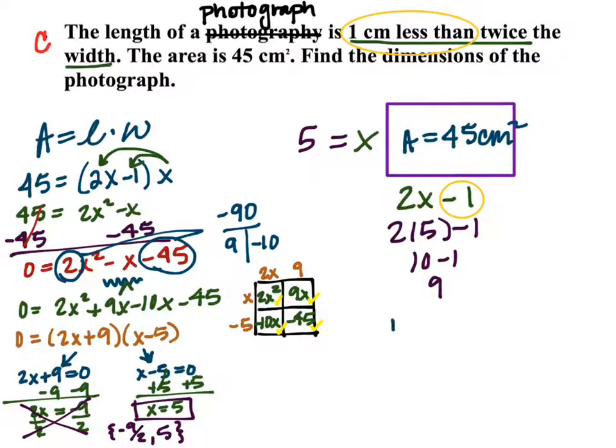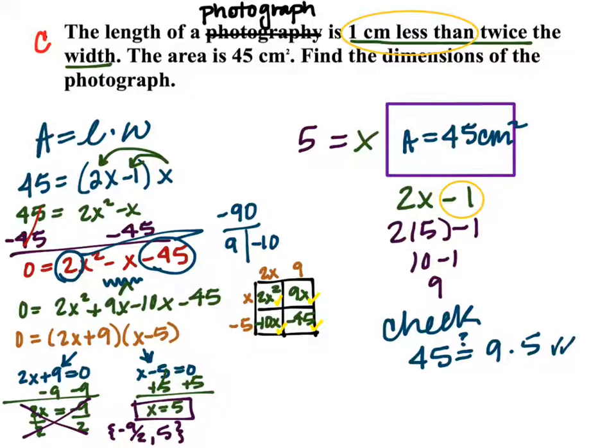If that's what I'm working with, I am going to check out that if I multiply 9 times 5, I'm hoping to see that it provides me with the solution. And in fact, it does check out. Because if I multiply 9 times 5, I get 45.